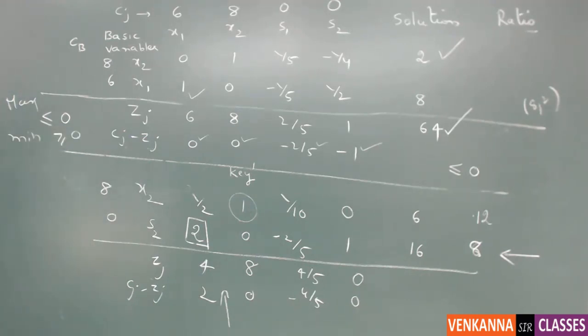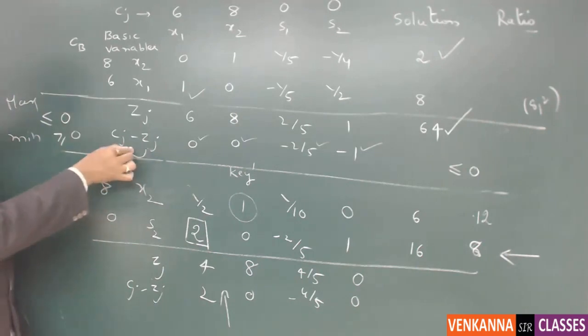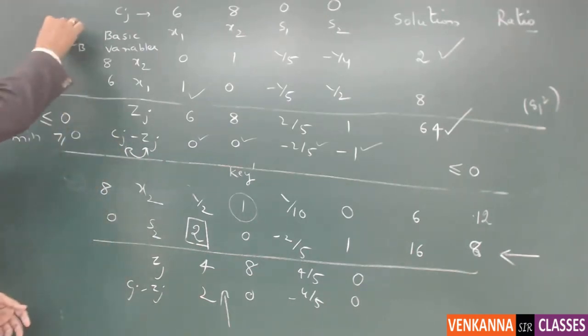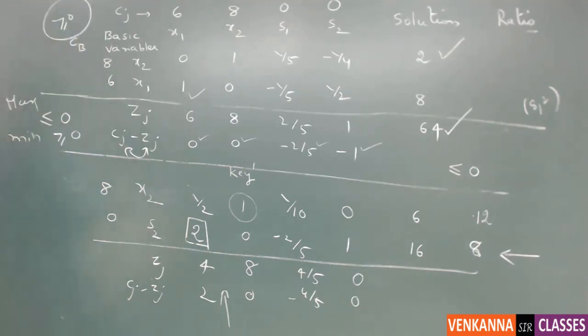If you consider Cj minus Zj, and if you consider the difference in reverse, as some others also mention, Zj minus Cj, always we take the value as greater than or equal to 0. Fine.